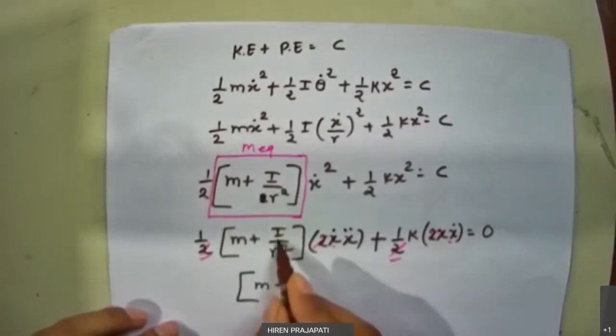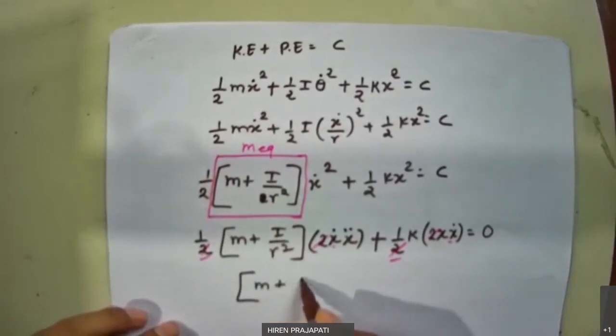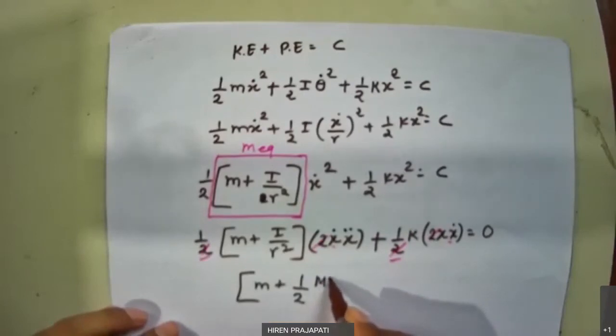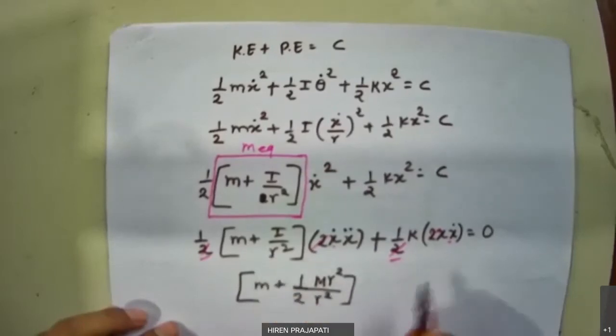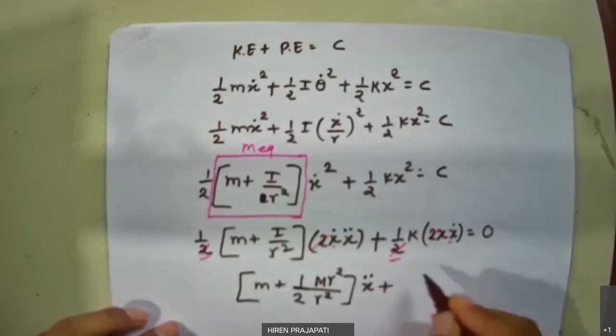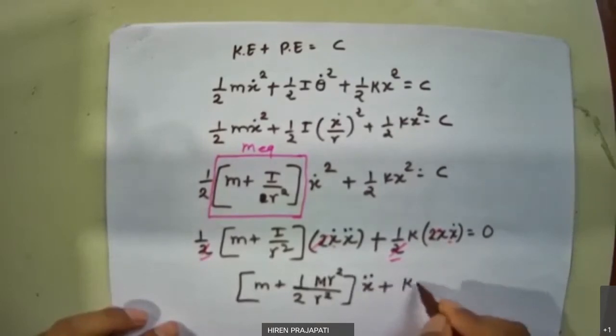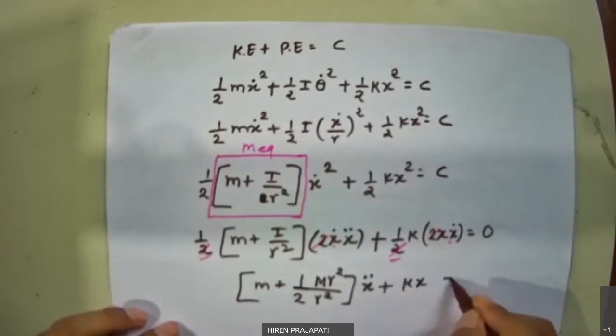Now our final equation is m plus, let me write this I. What is the equation of I? 1 half capital M, because that is the mass of the pulley, and radius square, right? So I have written this I equation here, and r square is as it is in the numerator, and this is x double dot plus kx is equal to 0.